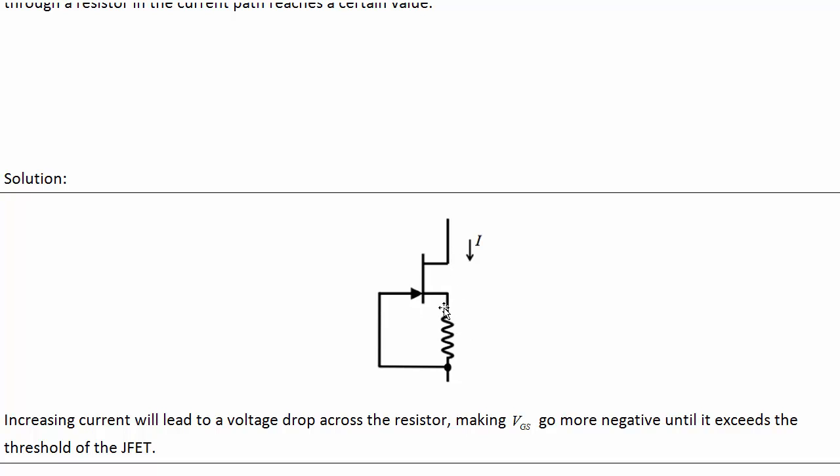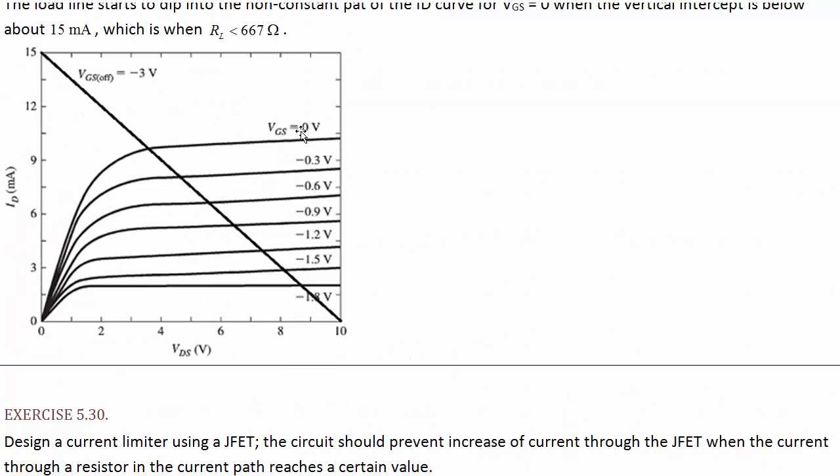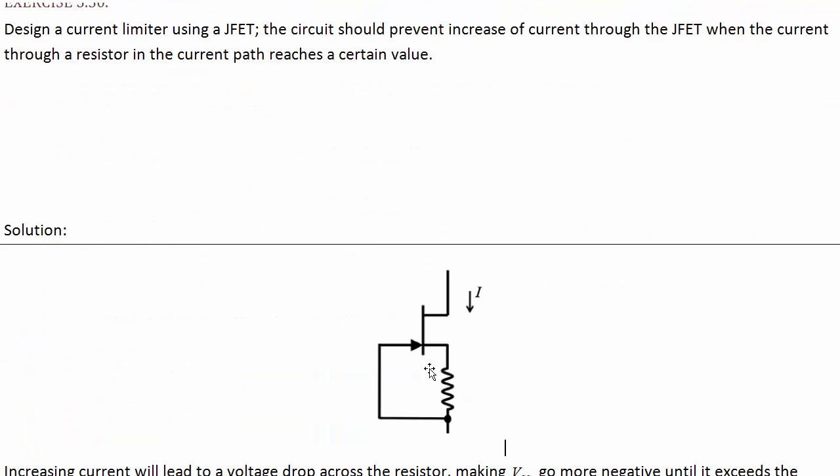But as current increases, we start to increase the source voltage, which means the gate relative to the source voltage gets more and more negative. So we're dropping down from one curve to the next, to the next. Eventually, we reach the point where we've pinched off the transistor. The gate has enough of a negative voltage on it relative to the source that we've pushed all of those conduction electrons out of the channel, and we don't allow any more current to go through.